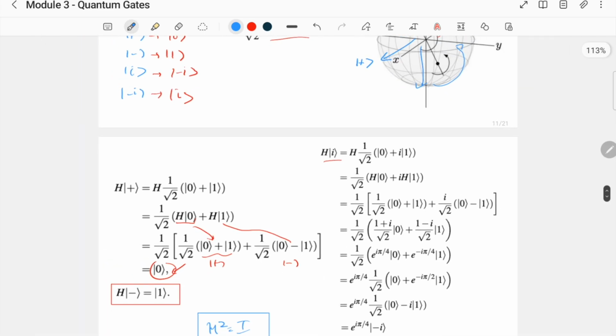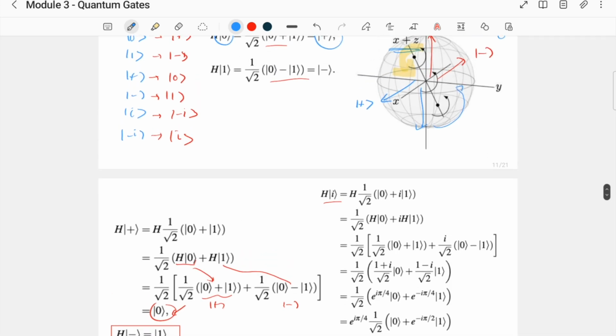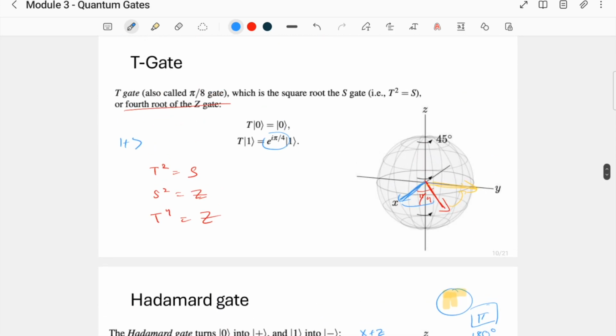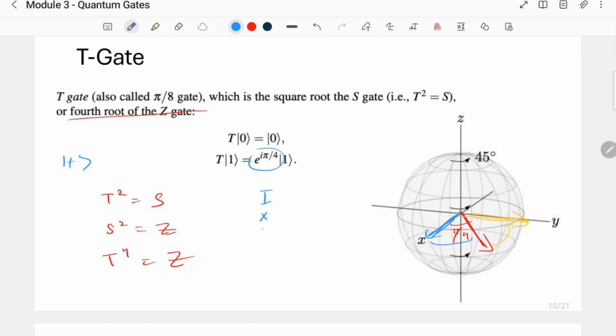So these are the main basic 7 quantum gates. The identity, which does nothing; the Pauli X, Y, Z gates, which rotate by pi radians along the respective axis.